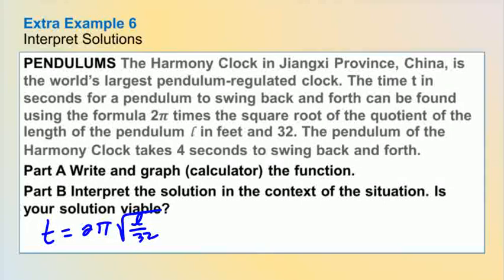So that would be our function here. And then we are going to find out the pendulum of the harmony clock takes 4 seconds to swing back and forth. So my other one is going to be y equals 4.